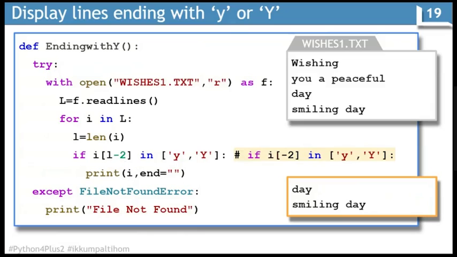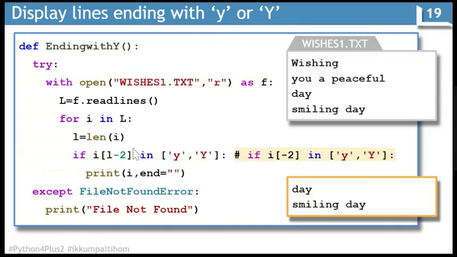The reason is that in the last character, \n, the new line character, is stored, and that is why we'll be writing L minus 2, to check whether it is y or not. That means it is going to be equivalent to ending with y or Y, capital or small.